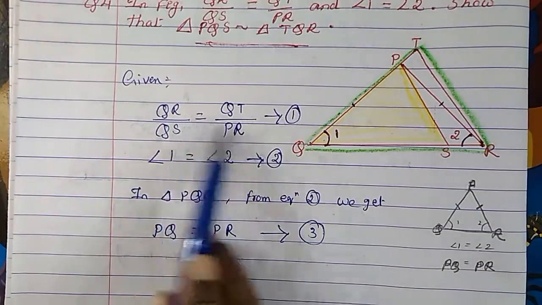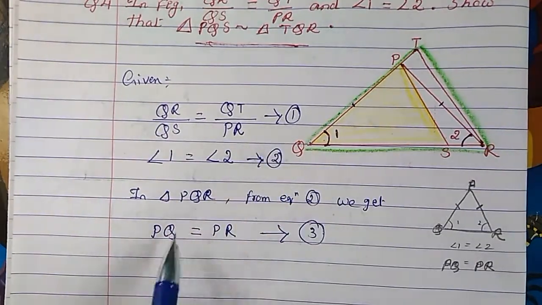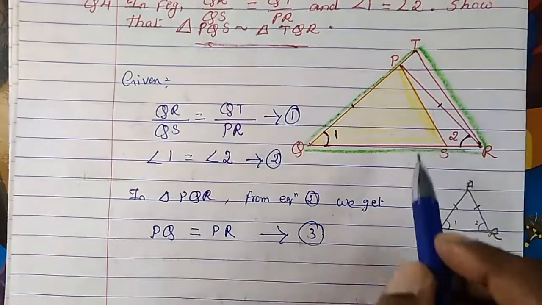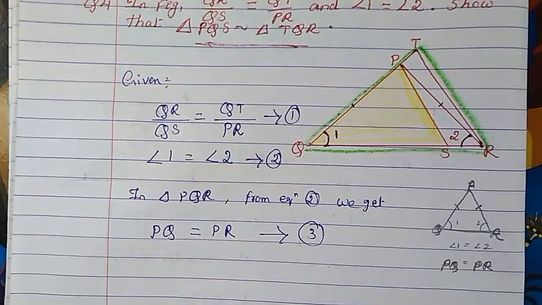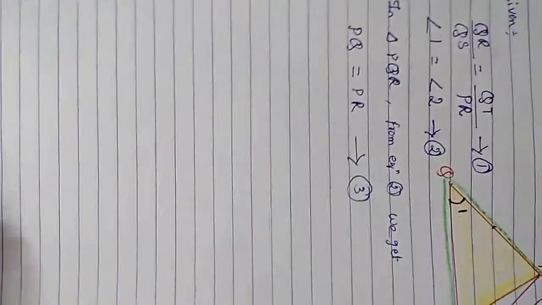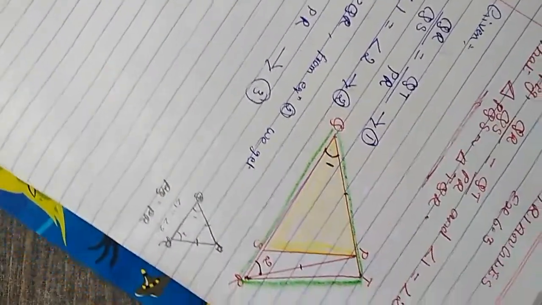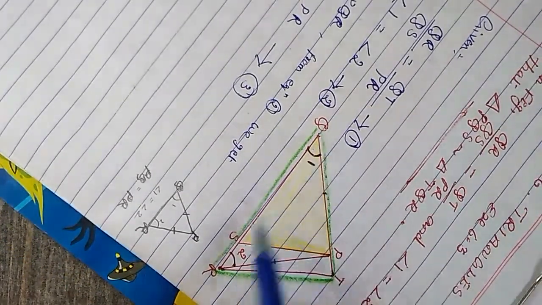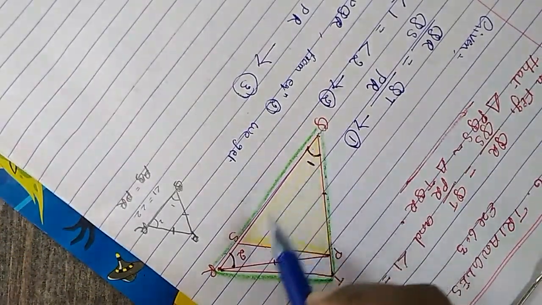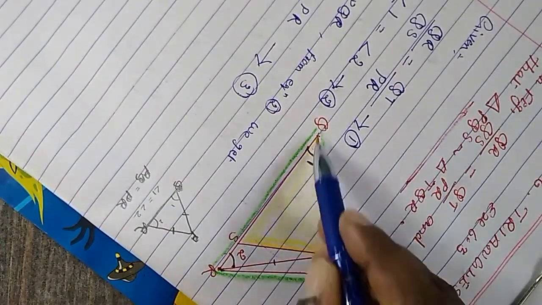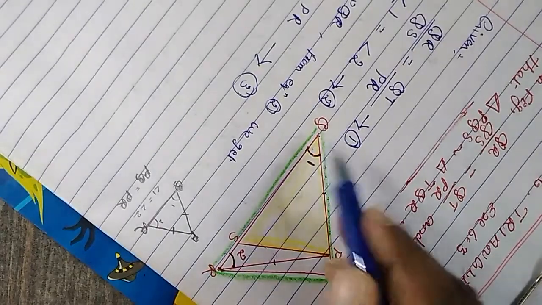Okay, now we have one equation here, and here we have 3 equations. So now look at this triangle. Now does it make any sense for you? This is a big triangle. The green color is the big triangle, and then you have this yellow color small triangle inside the green color one.